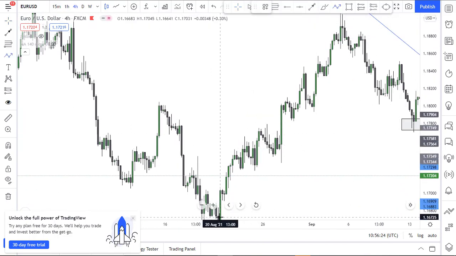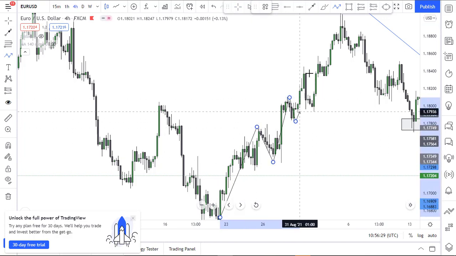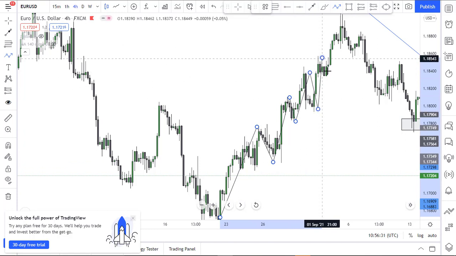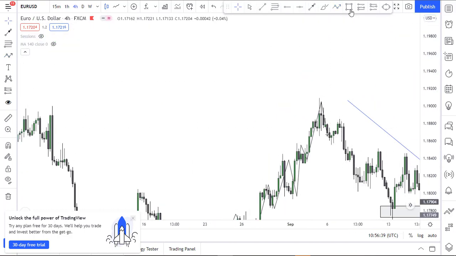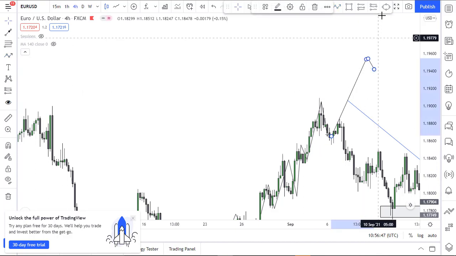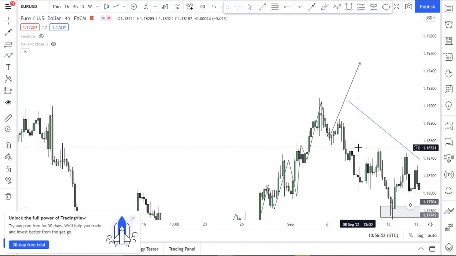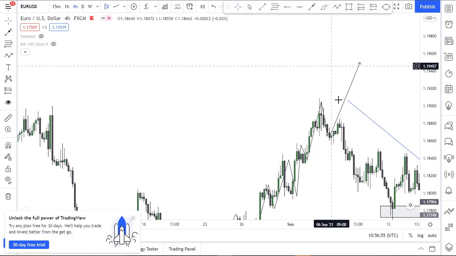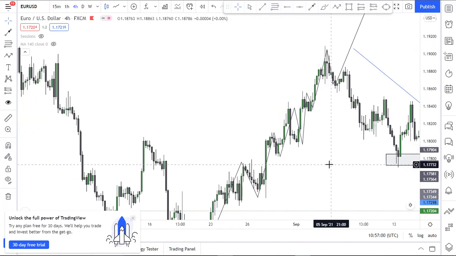As you can see, a higher high, a higher low, higher high, higher low, and so on. Here we didn't form a new high, so our market structure hasn't been broken to the upward side to continue or validate the upward trend.